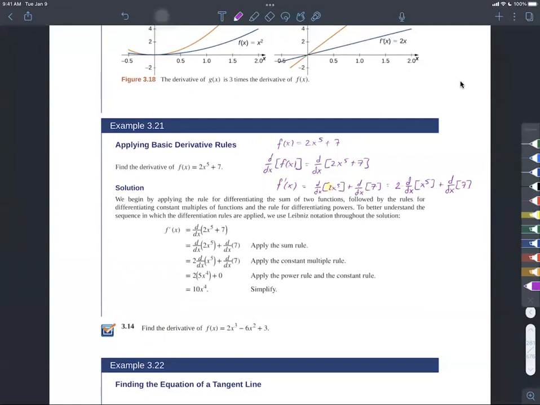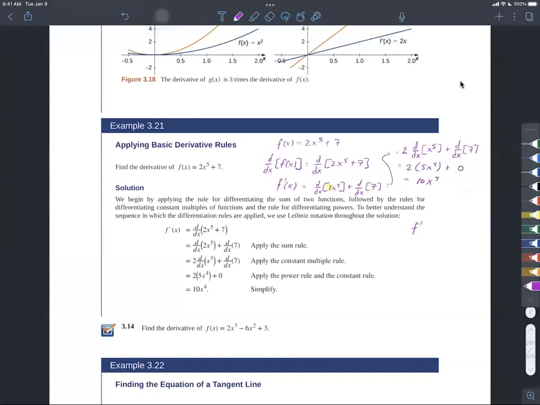And so what is this equal to? This is equal to 2 times, and then the derivative of x to the 5th, using the power rule, is 5x to the 4th, plus the derivative of a constant is 0. So this is now 10x to the 4th.